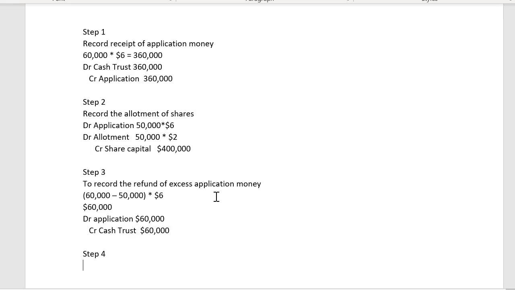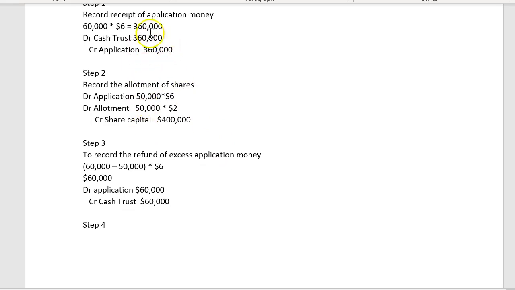Step number 4 is when they close the cash trust and transfer proceeds in the cash trust to cash at bank. How much is left in the cash trust? 360,000 was the amount they received from share applications.